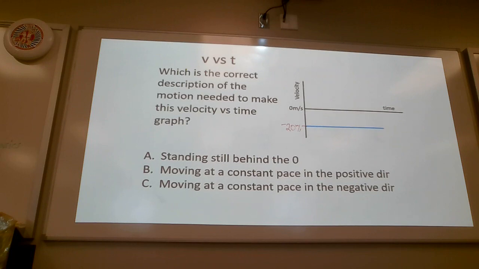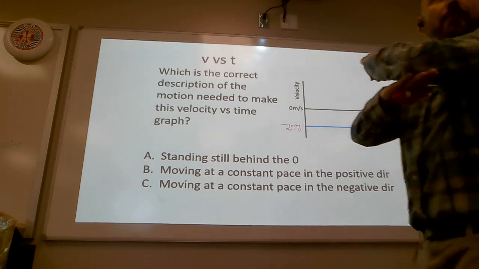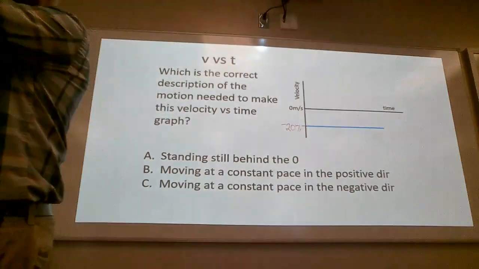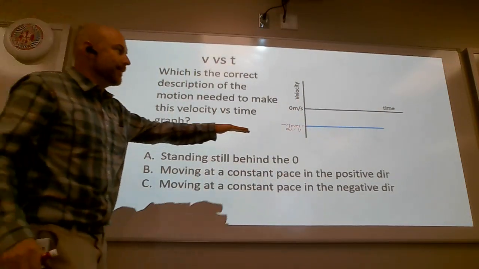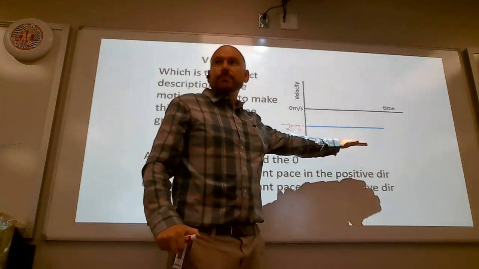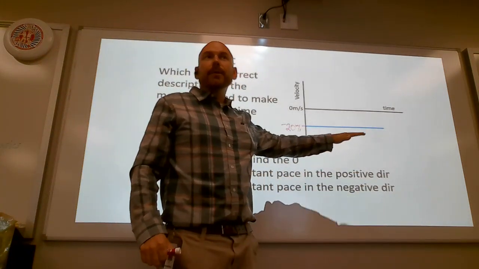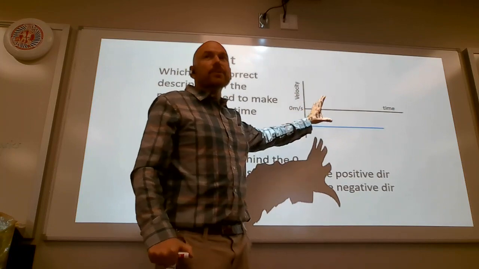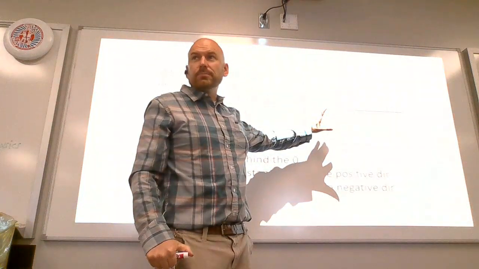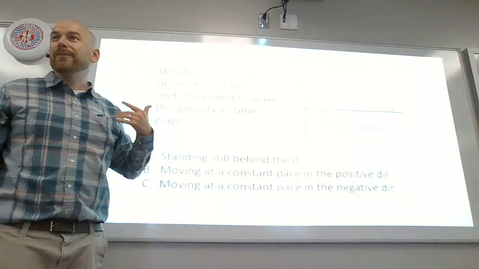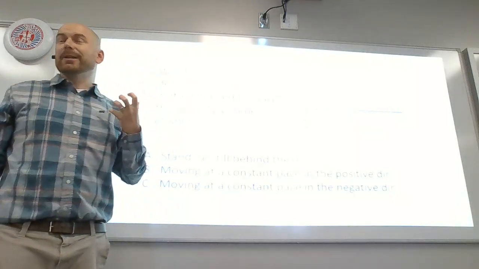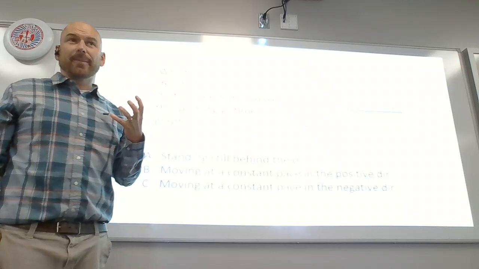The negative means you're going in the negative direction, with the speedometer locked in place at a constant value. So this is not a position versus time graph. If it was a position versus time graph, A would be correct, but it's a velocity versus time graph, telling you what happens to your velocity.